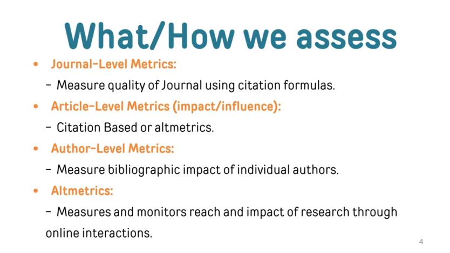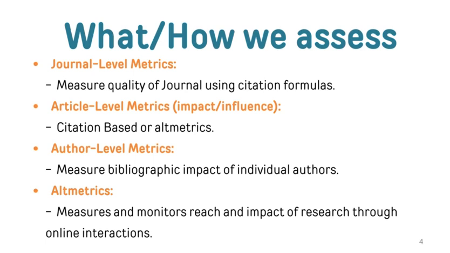For the journal level, we measure the quality of the journal using the citation formula of each peer-reviewed journal. For the article level, we look at the impact and influence of that article, mainly on a citation basis or altmetrics.